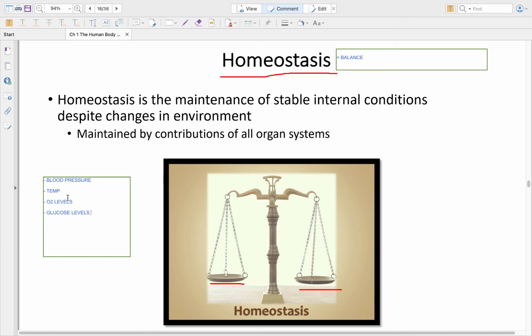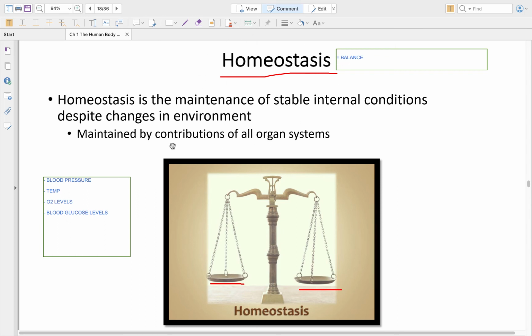Every single thing in your system is regulated and maintained in this perfect balance called homeostasis. If something deviates or changes, let's say you eat something that increases your blood glucose, your body cannot allow that to happen. So it's going to respond, and its goal is to get back to this perfect balance of homeostasis.